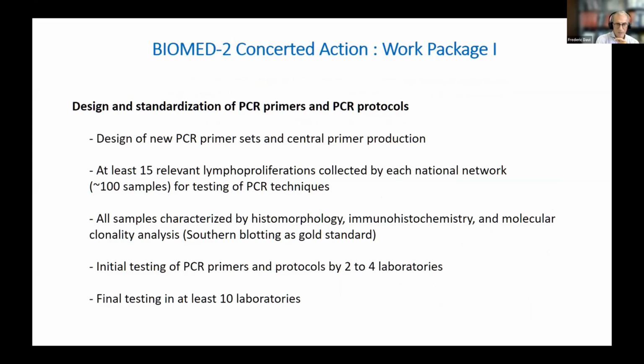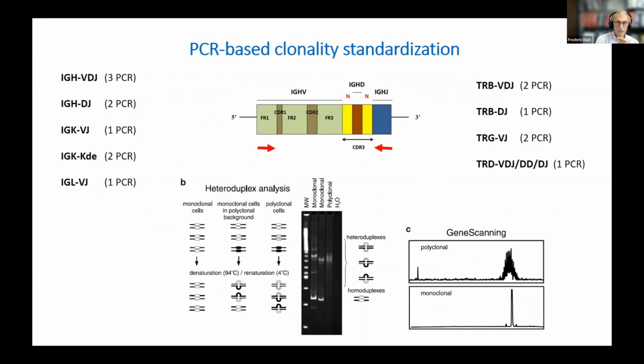There were about 100 of them, which had been very well characterized by pathologists and molecular methods using Southern blot as a gold standard. There was an initial testing by a few laboratories, and then a further testing by 10 laboratories. So we designed assays for all genes, all targets, all kinds of rearrangements, the VDJ and the DJ for IGH and beta, and all light chains, and also TR gamma and delta.